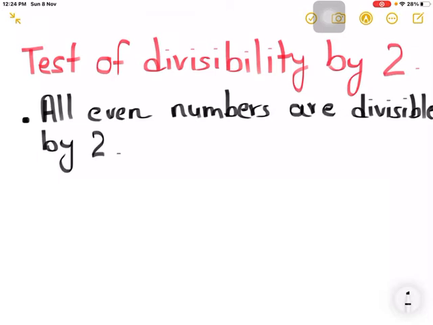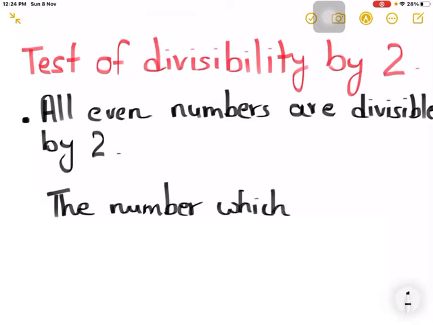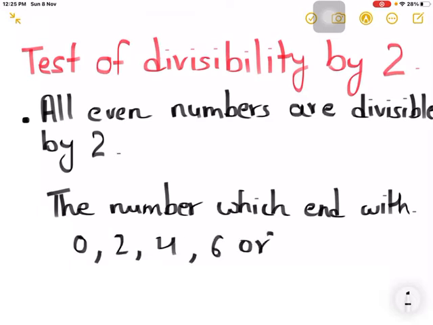And all even numbers means what are the even numbers? Even numbers are those numbers which end with 0, 2, 4, 6 or 8.